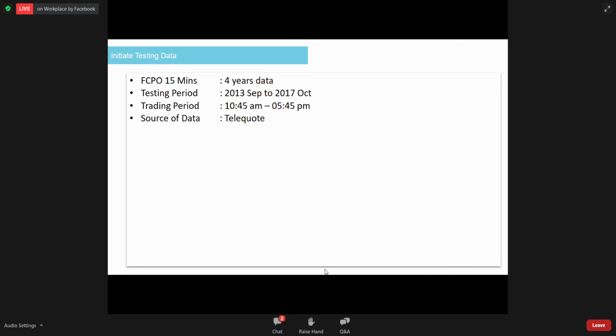Before we move on, some questions here. Mr. Mokhtar, you have a CDS account for equity stock trading. If you want to trade FCPO or oil futures, you will need a futures account, a margin account, which you open with RHB Investment Bank.